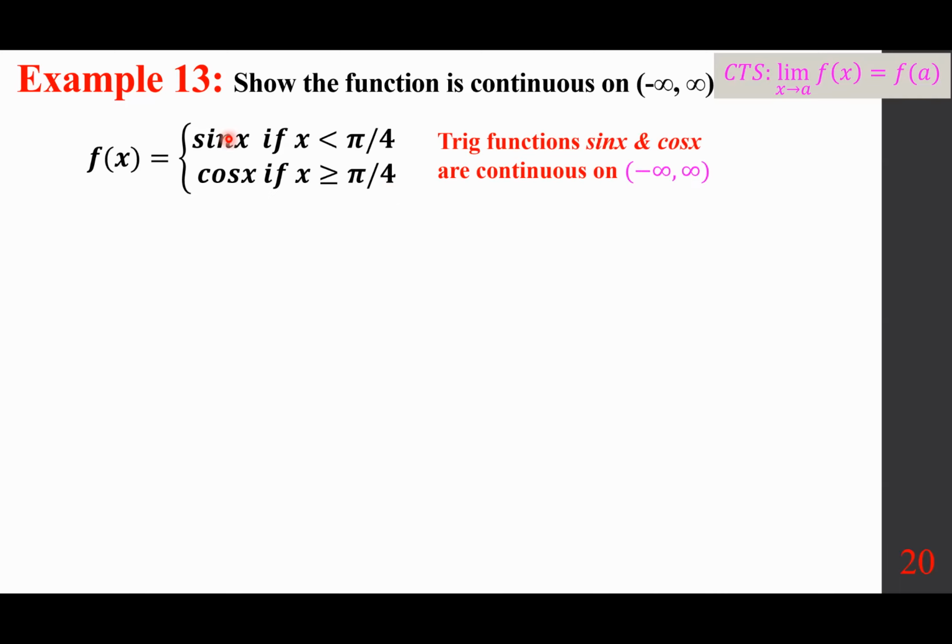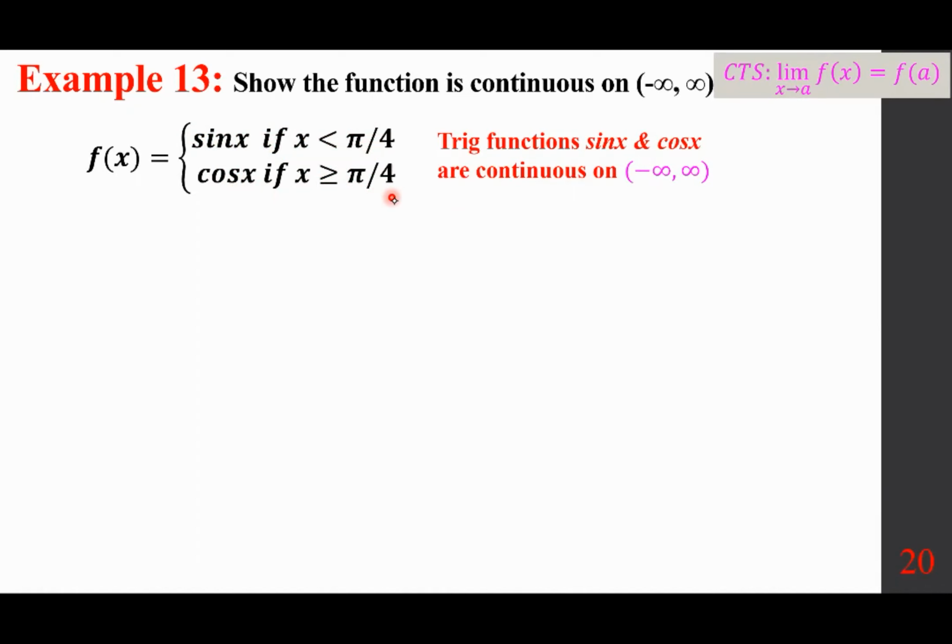Sine is continuous from negative to positive infinity. You know the domain of sine. So is cosine. So each piece is continuous in their entire domain. So this one is continuous from negative infinity to pi over 4, and this one is continuous from pi over 4 to infinity, because it's defined for the sine to be less than pi over 4, for the cosine to be larger than or equal to pi over 4.